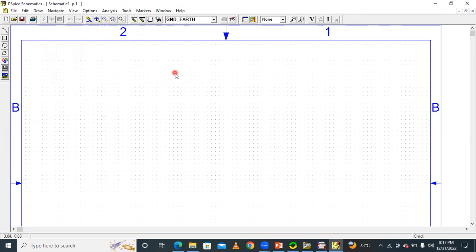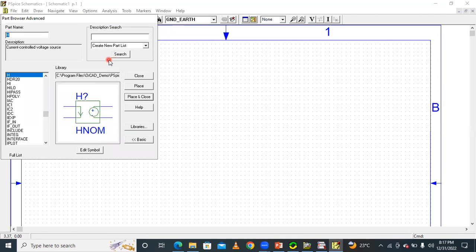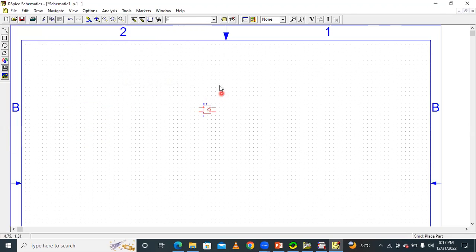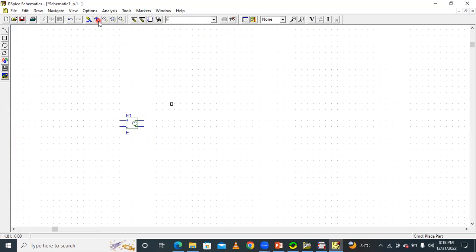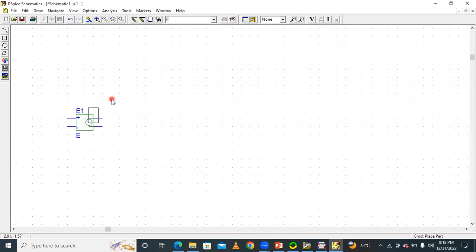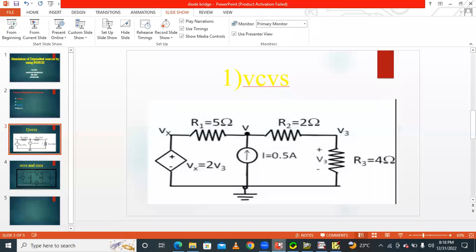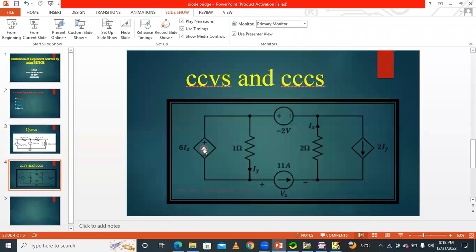First, to connect a voltage dependent voltage source, go to the PSpice library and take the element E. Place it here. This plus minus is the voltage dependent voltage source, which depends on a voltage. For example, this is the source circuit.